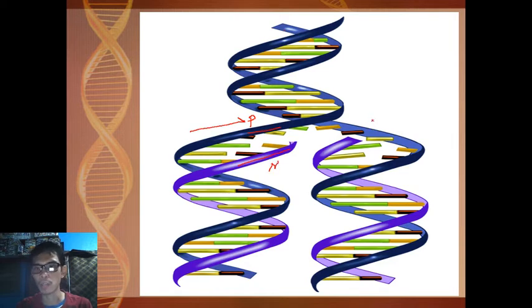The new strand must follow the complementary base pairing rule: A to T, C to G. That's your DNA replication.